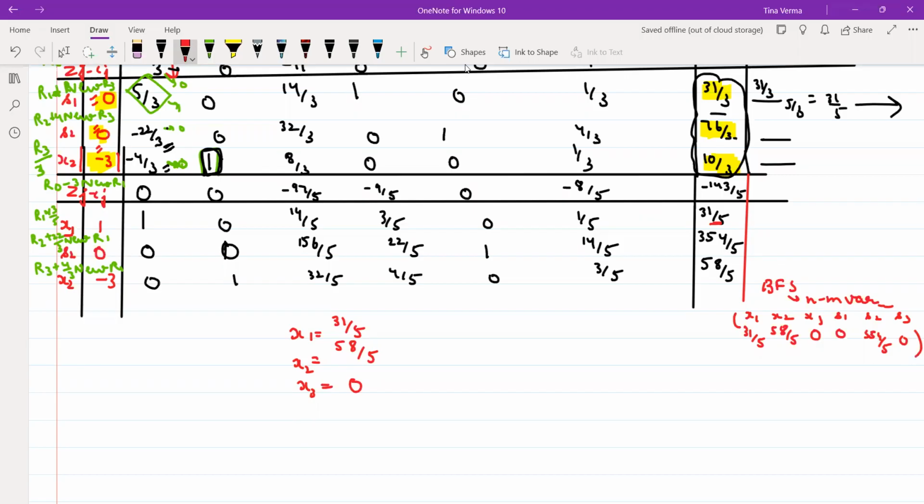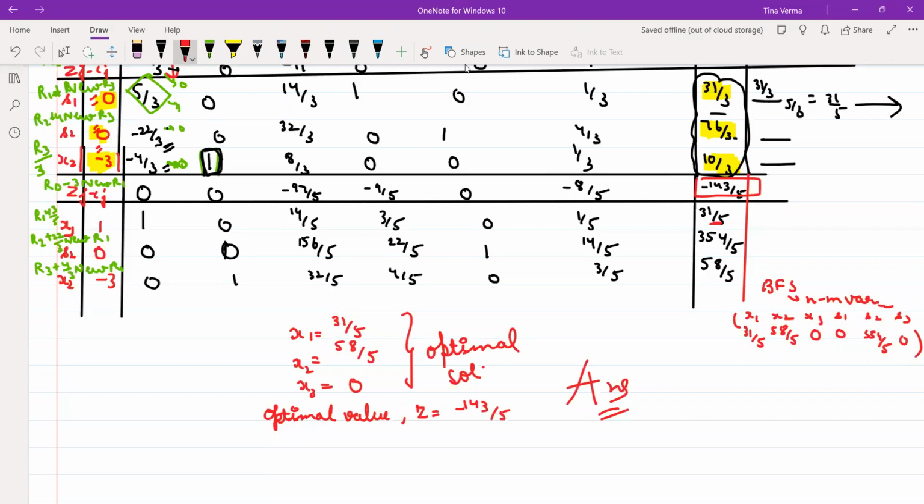Clear? And this is my optimal solution. And the optimal value, which is your z, is nothing but this value, minus 143 by 5. This is your answer.